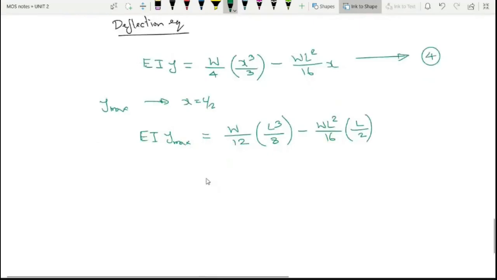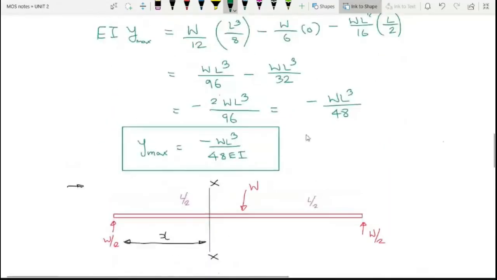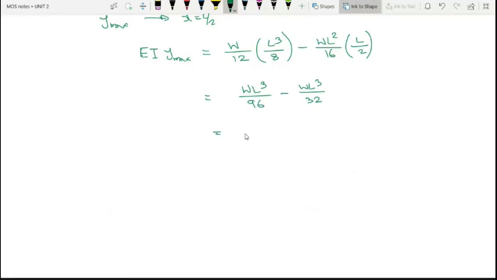So what will we get? WL cube by 96, I think, minus WL cube by 32. Same equation, I think. And I solve, I'll get minus WL cube by 48. Right? So y max will be minus WL cube by 48 EI.